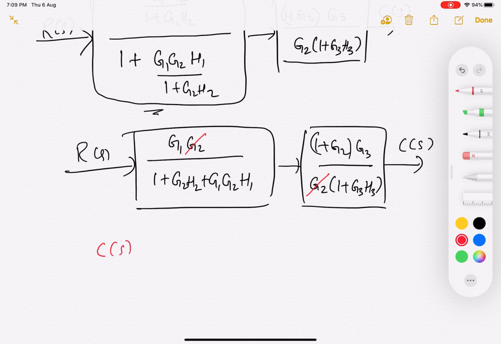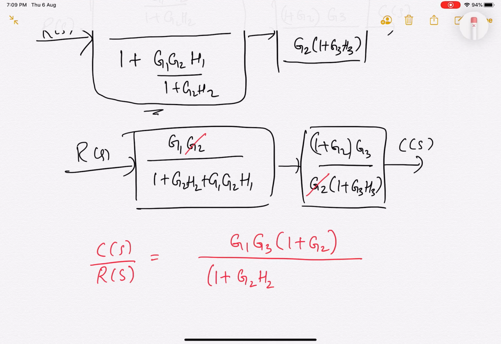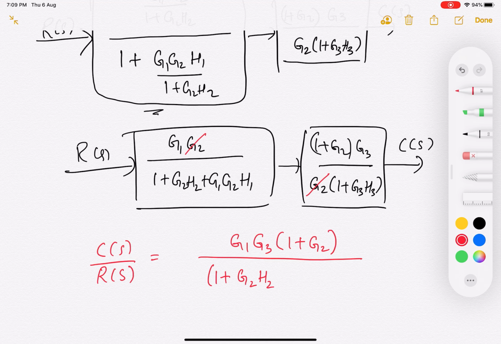So C(s) by R(s) would be given by G1 G3 into 1 plus G2, divided by 1 plus G2 H2 plus G1 G2 H1 into 1 plus G3 H3.